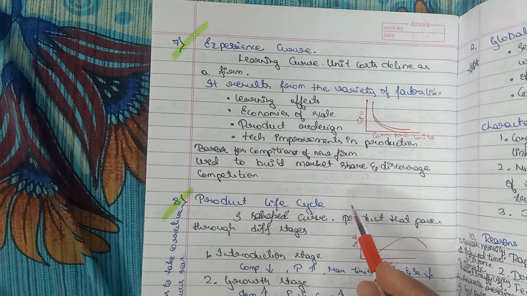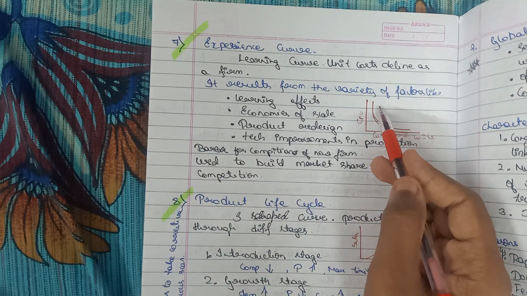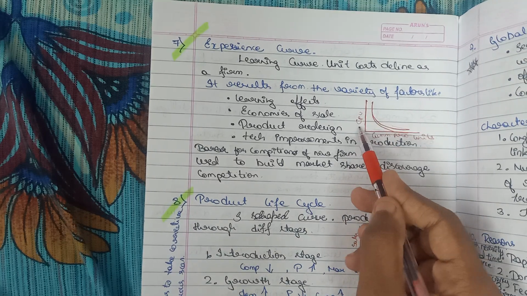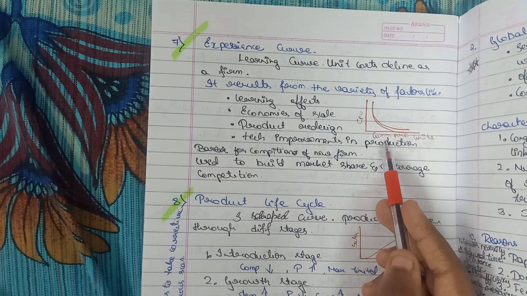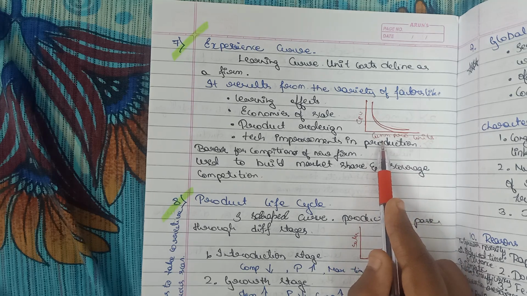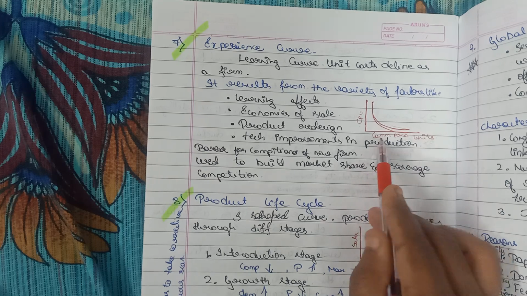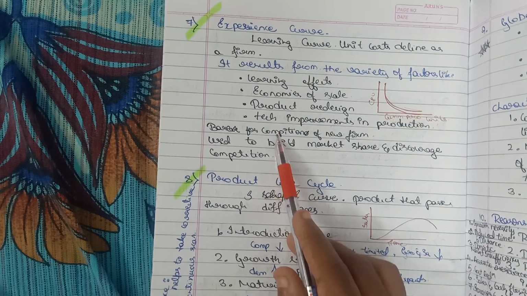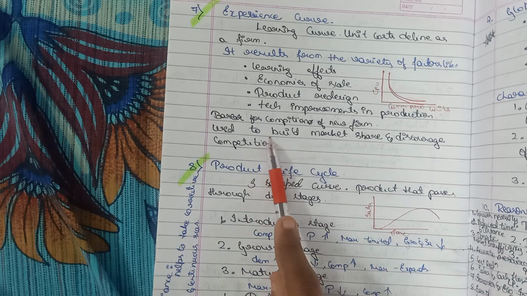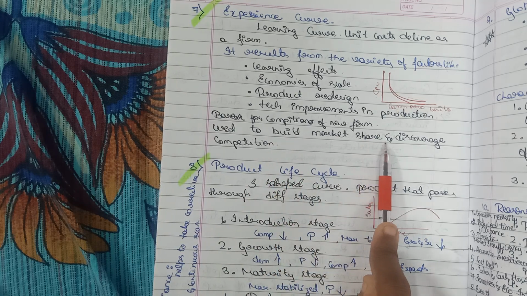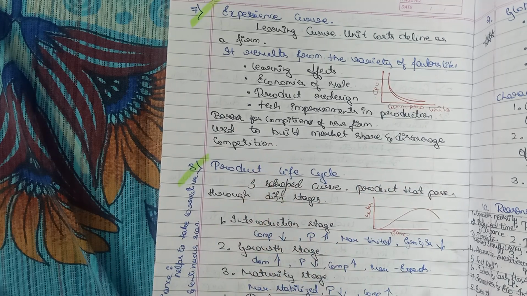We represent the experience curve like this. This shows cost per unit. This shows cumulative production of units. It is a barrier for competition from new firms, used to build market share and discourage competition.